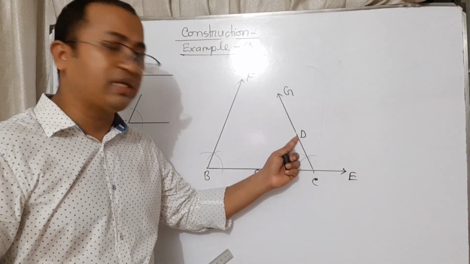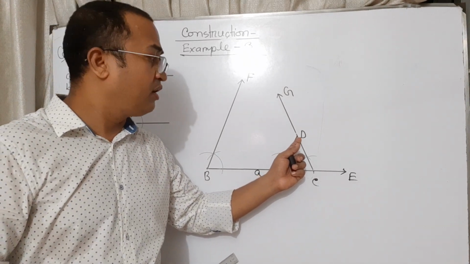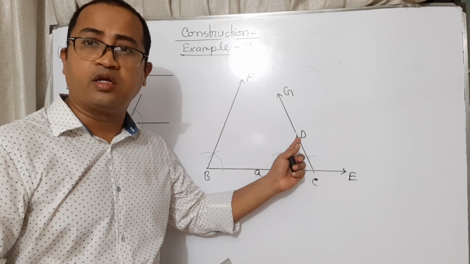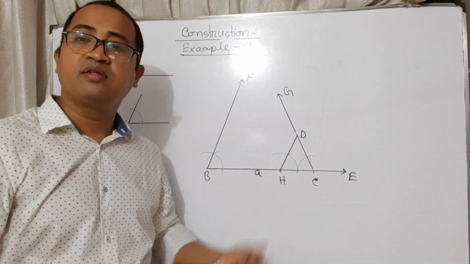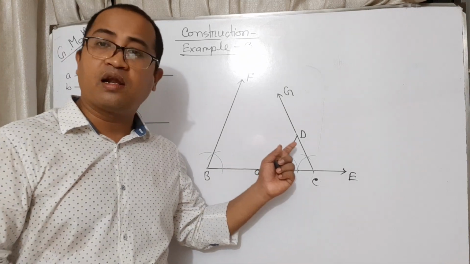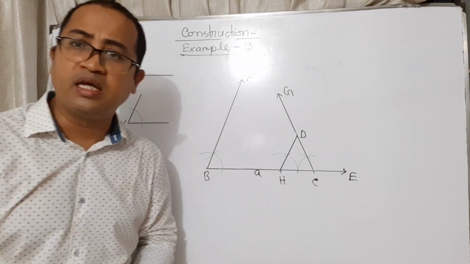Now at the point D, we draw a line AD parallel to BC.